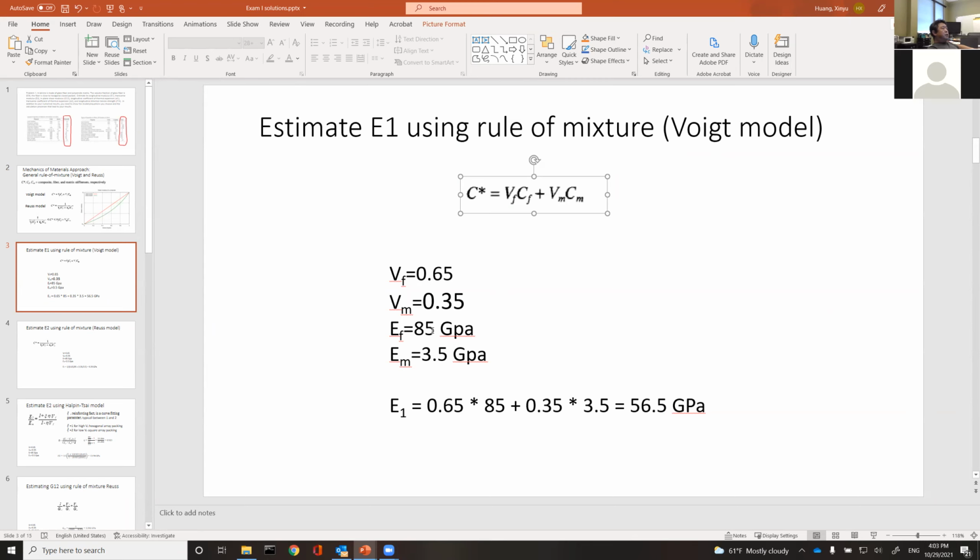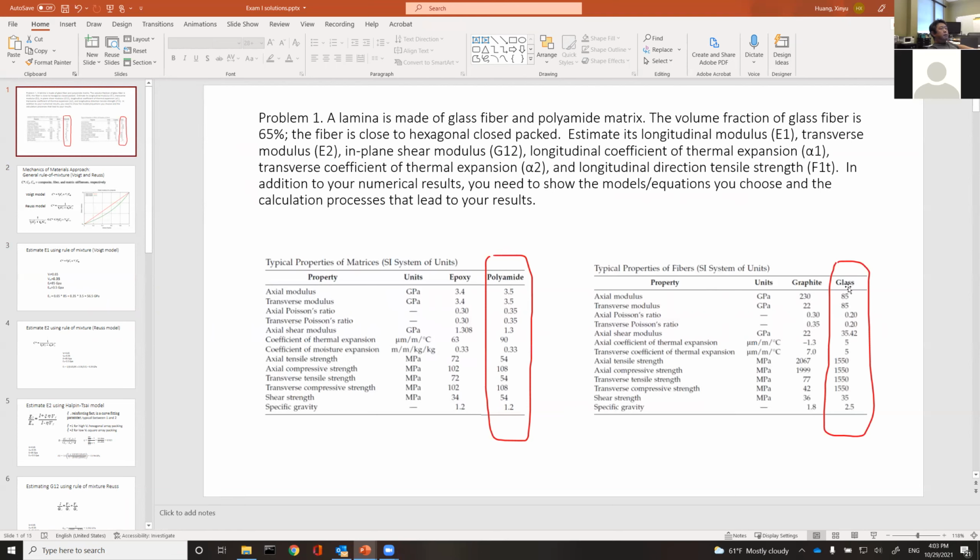These values came from the table, right? The fiber volume fraction is 65%, so the matrix is 35%. The fiber modulus is this number, 85, and the matrix is 3.5. As you can see, the matrix is much softer than the fibers.